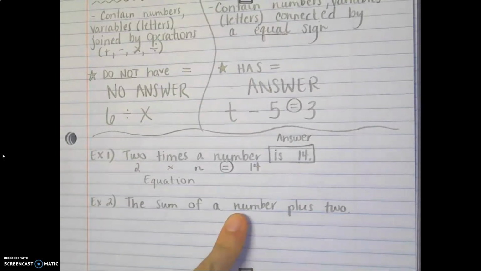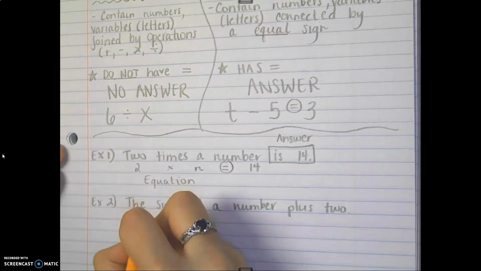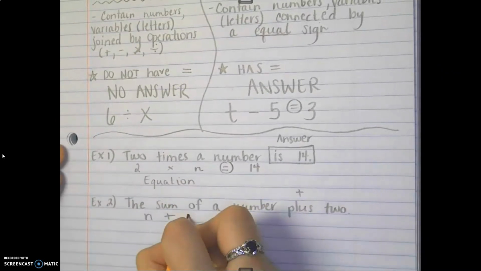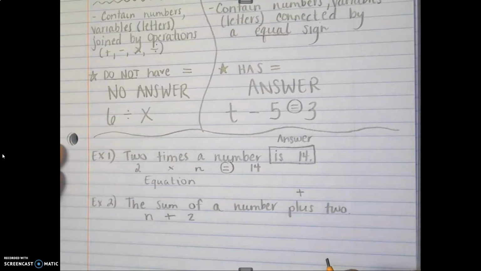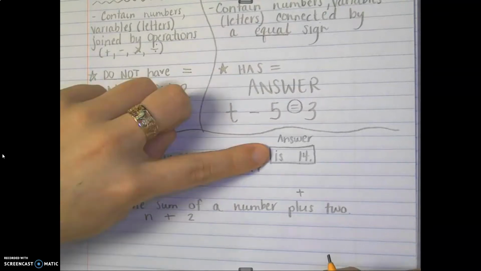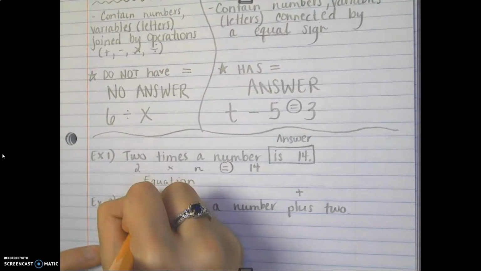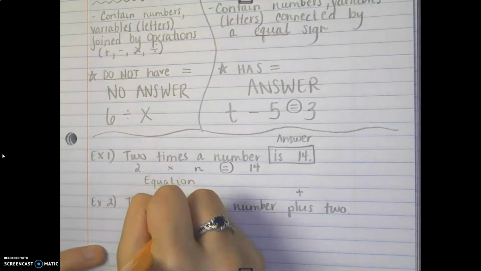Since we don't know what the number is, we're going to use n. Plus means to add, and we're adding it by 2. Do we know, or do they tell us what n plus 2 is? No, we didn't have a keyword that told us. So this means that it is an expression.